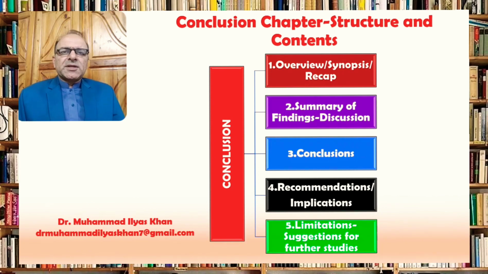Those limitations or possible weaknesses, either in the research design or in terms of the findings, or in terms of the study's implications and conclusions, need to be included in the limitation section. And the very last thing generally is suggestions for further studies.